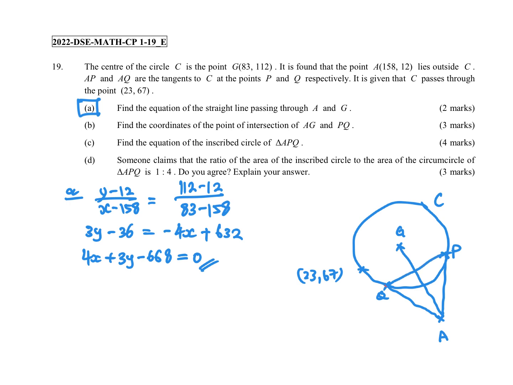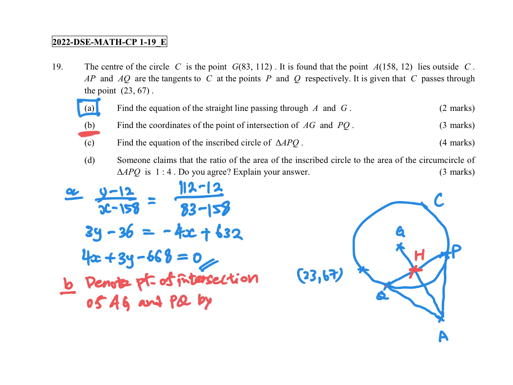So for PQ and AG, I'm afraid for B, we find this point, and then maybe we denote this point as H. So for B, we denote the point of intersection of AG and PQ by H.